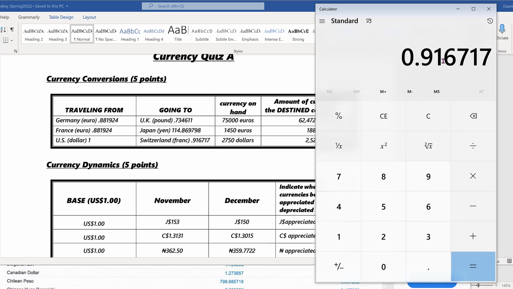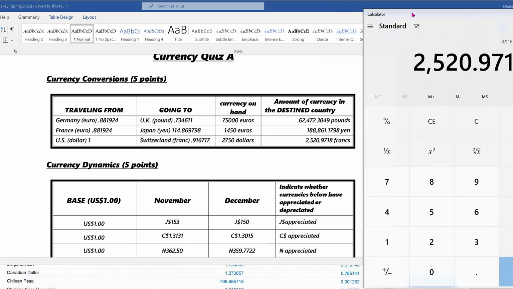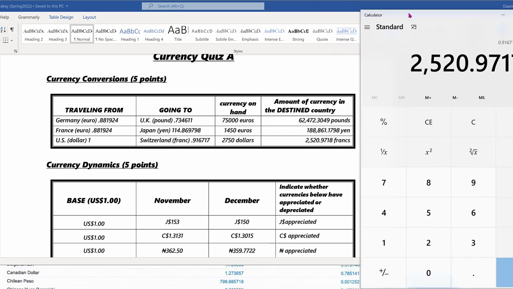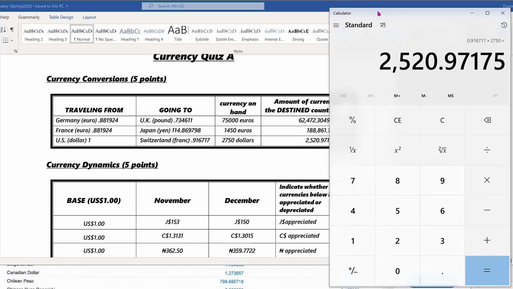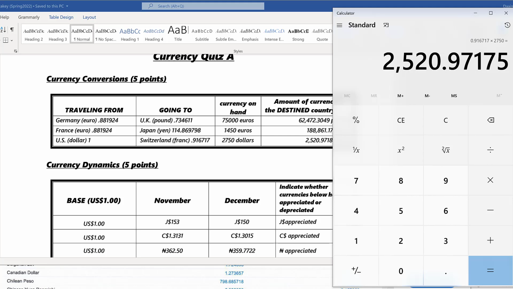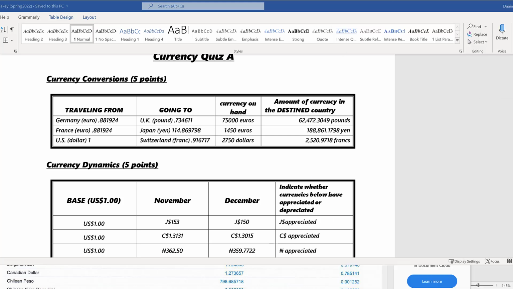And you put all of the numbers in as far as they go, and you just multiply it by 2750, and that gives you the amount, 2,520.7918, and we round to the fourth. So that's pretty straightforward to do.